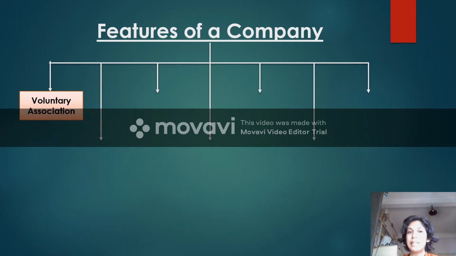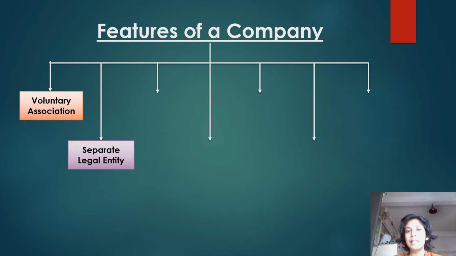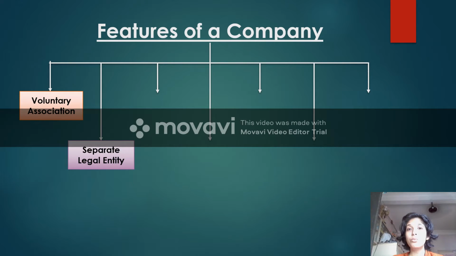So coming to the next feature, it is called separate legal entity. It means what? It is not same as its members. That means the members have a separate entity from the company itself. If we think about it, the company has got its own signature, its common seal, everything.